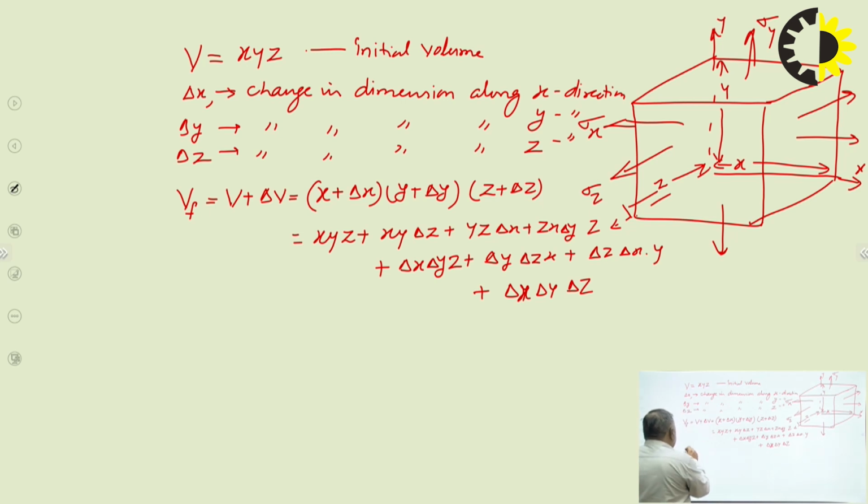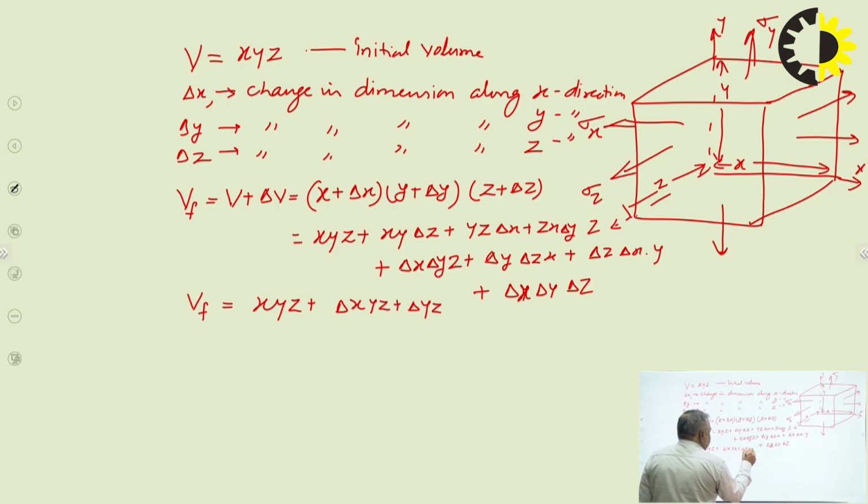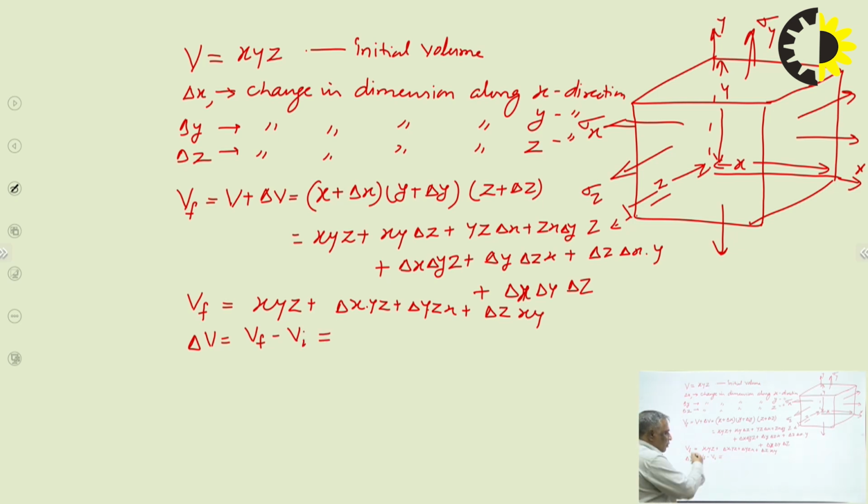So, we can say Vf can be written as xyz plus delta x yz plus delta y zx plus delta z xy, and the change in volume delta V is Vf minus Vi, the initial volume. If we subtract, what we will get?